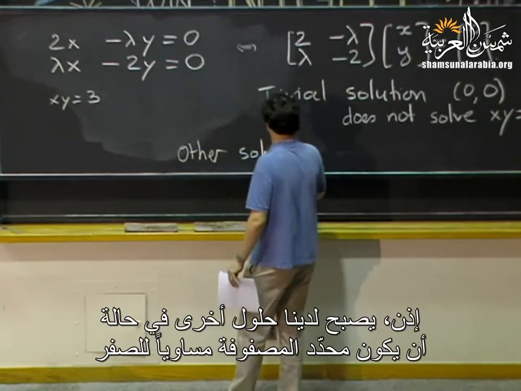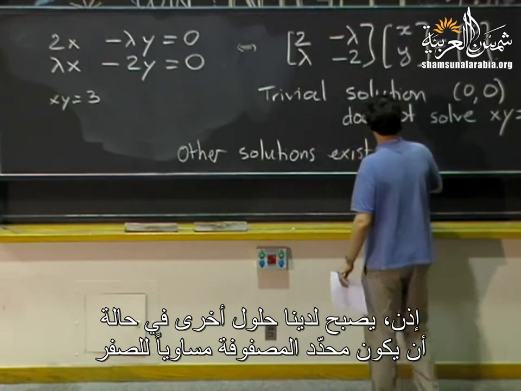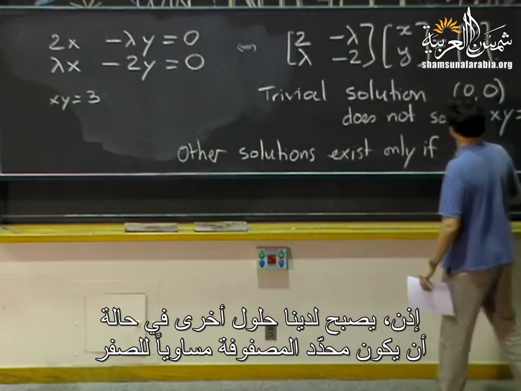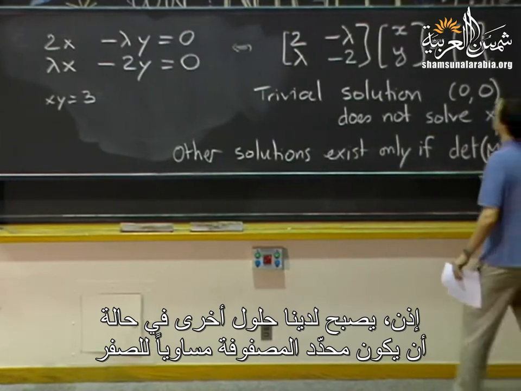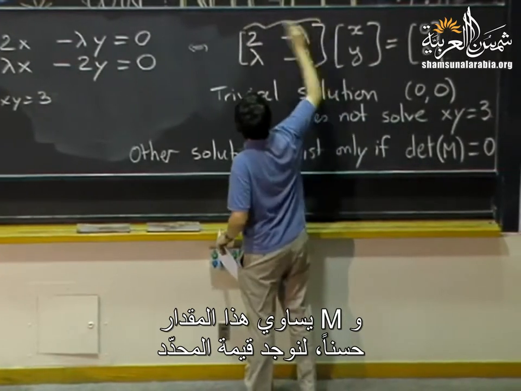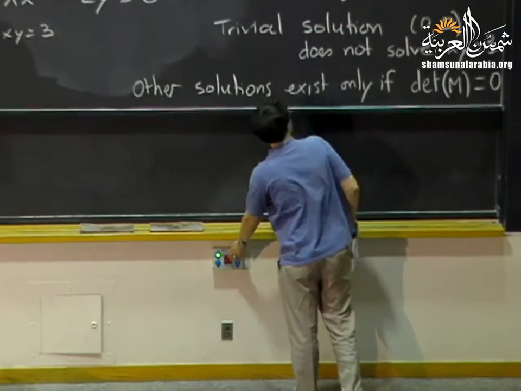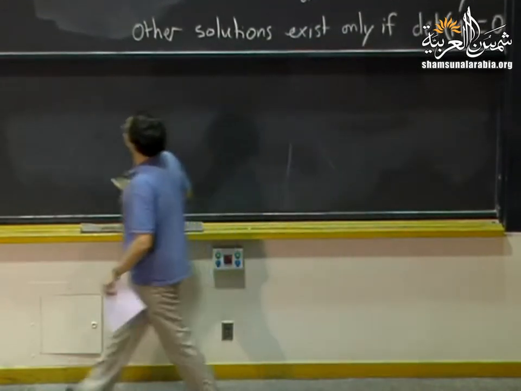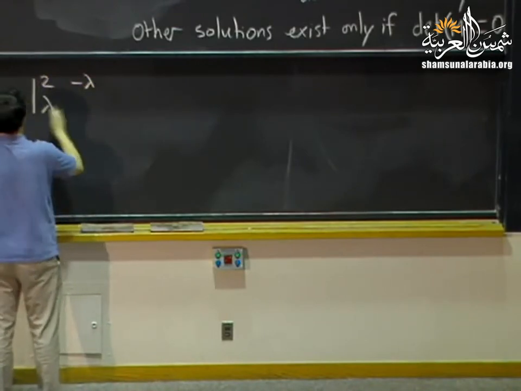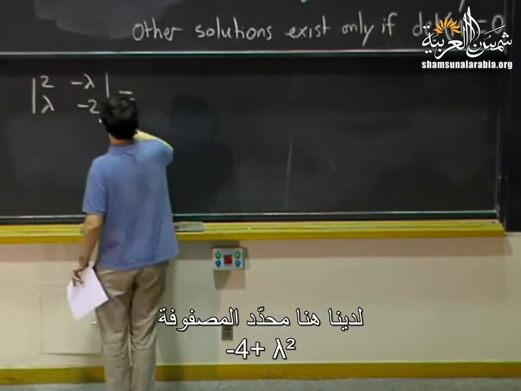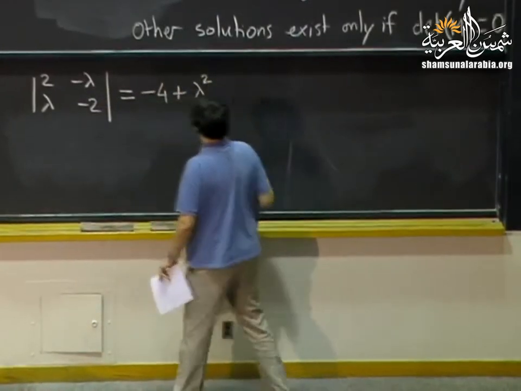So other solutions exist only if the determinant of the matrix M is 0, where M is this guy. Let's compute the determinant. Well, that seems to be negative 4 plus lambda squared.